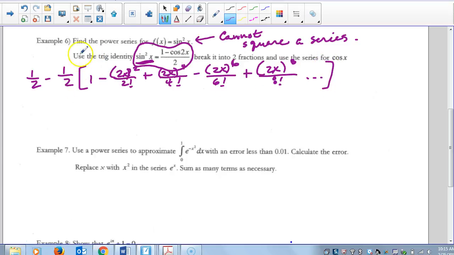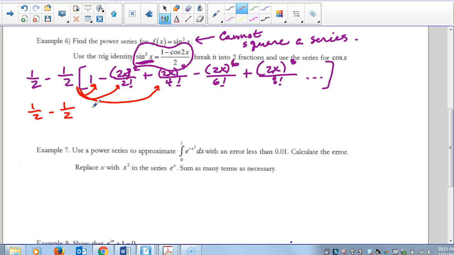And then I'm going to distribute my 1/2. So distribute that to everybody. So I've got 1/2 minus 1/2, and then I've got 4x squared. Let's see how this works.